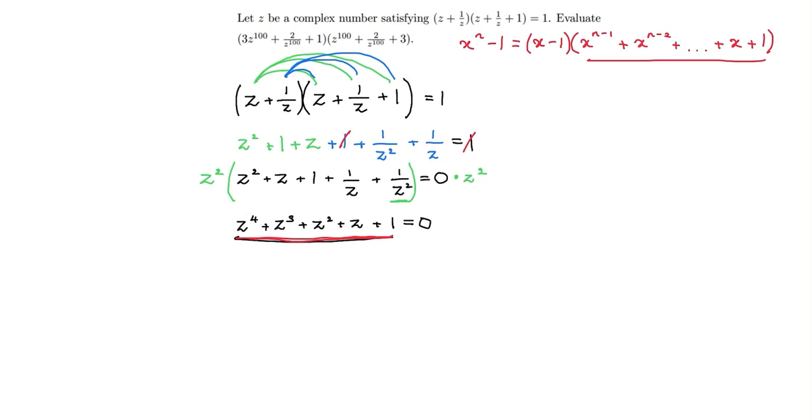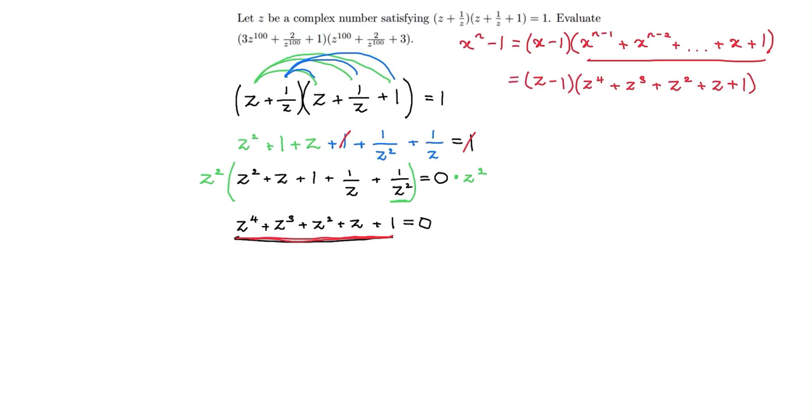We would get this factor becomes z to the 4th plus z cubed plus z squared plus z plus 1. And consequently, the other factor should become z minus 1.